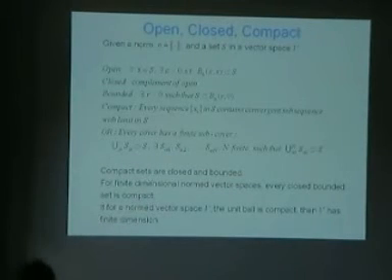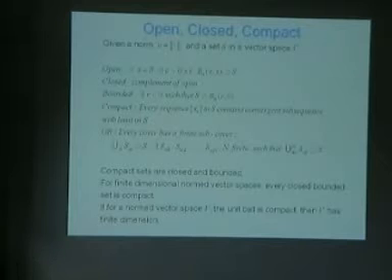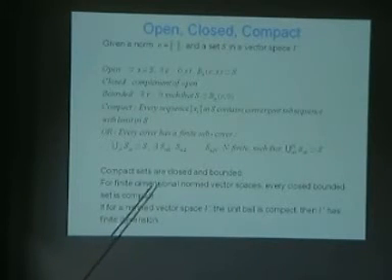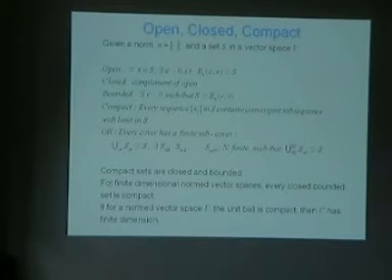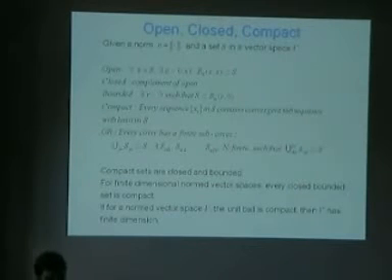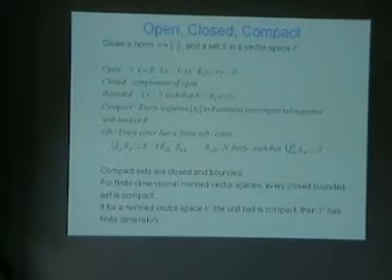Okay, so a few facts about compact sets. Compact sets are closed and bounded. In finite dimensional normed vector spaces, every closed bounded set is compact. This is not true for infinite dimensional normed vector spaces, not for all of them. And if, for a normed vector space, the unit ball is compact, then that vector space must be finite dimensional.